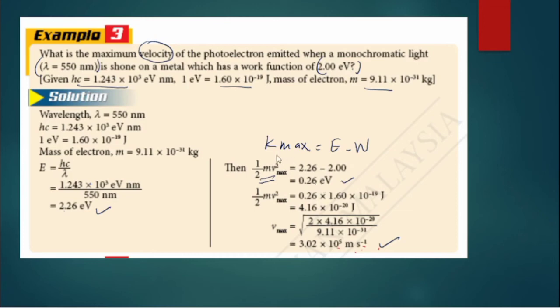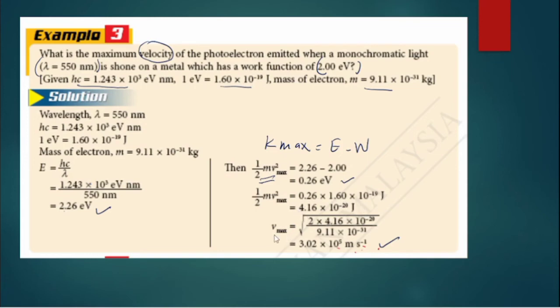In order to calculate the velocity, the unit for velocity is an SI unit, thus we need to convert this energy to joule. So what you do is multiply with this factor. Half m v squared maximum equals 0.26 eV multiplied by 1.6 times 10 to the power of negative 19, so the unit becomes joule.